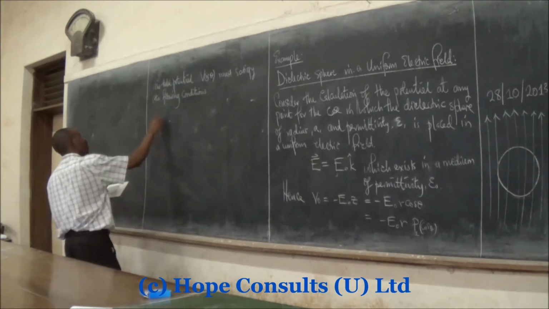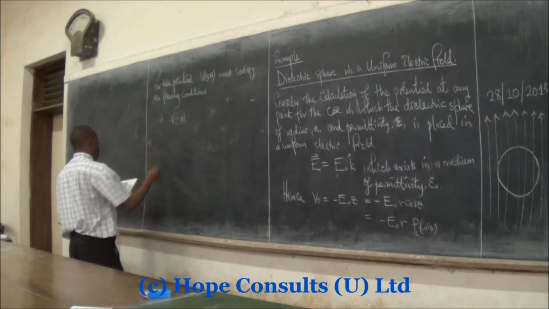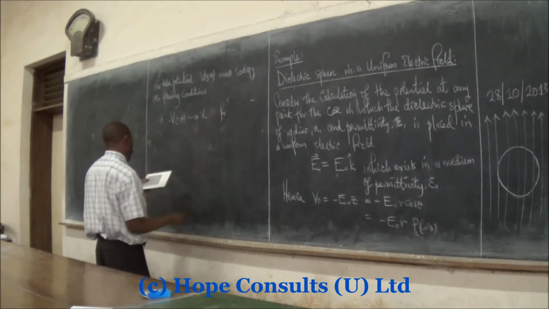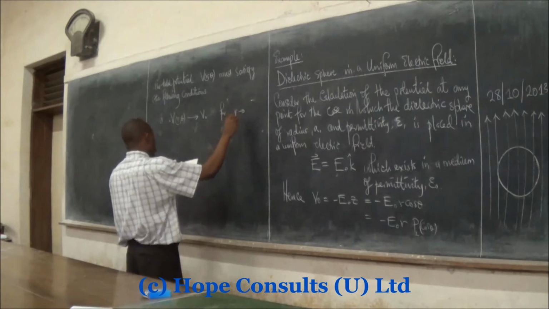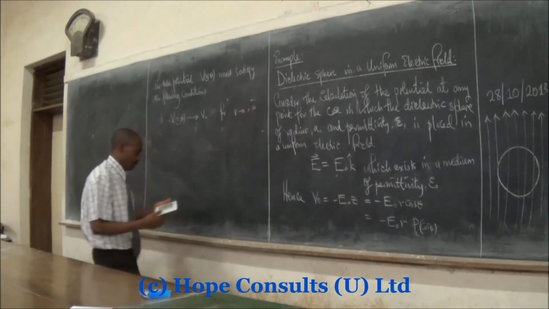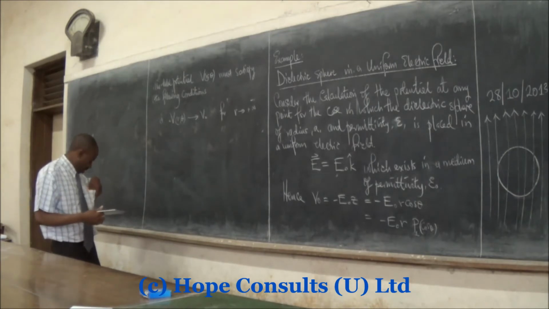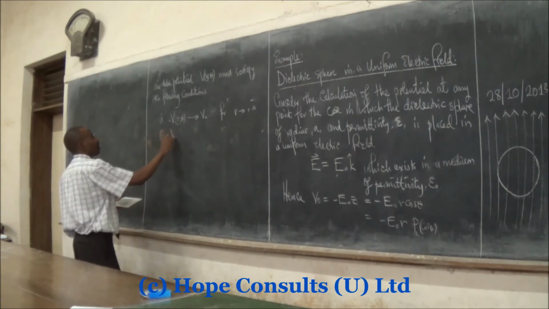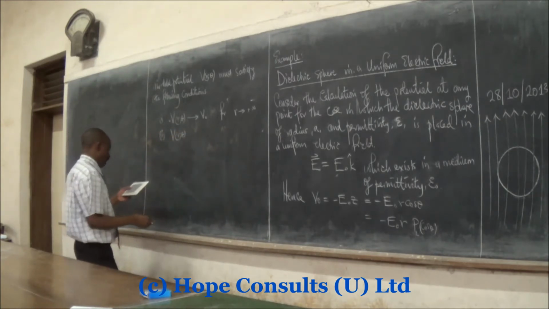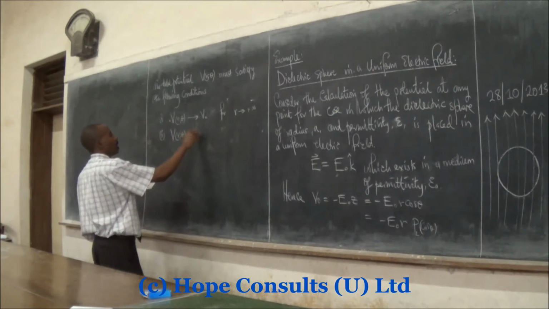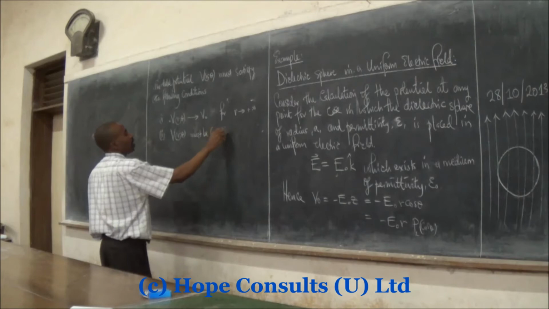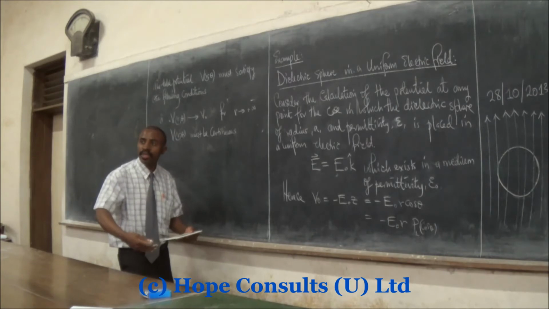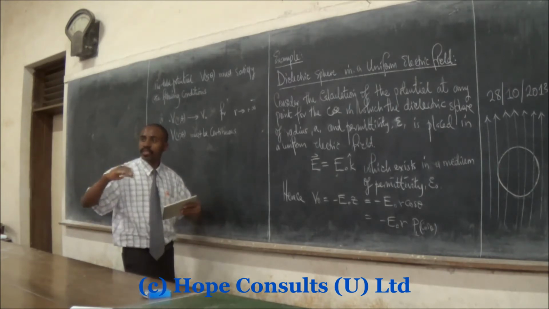One, that V(R, theta) will tend to the applied potential when you move to positive infinity. The other condition is that V(R, theta) must be continuous at the interface of the dielectric sphere and the medium in which it is, which has epsilon naught.